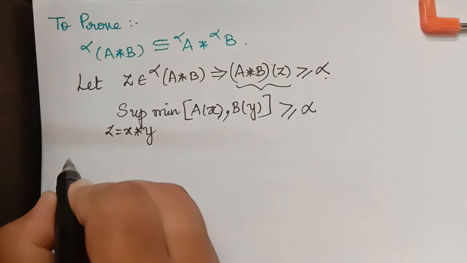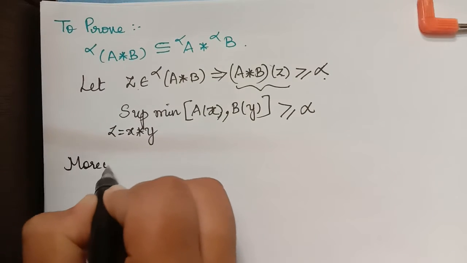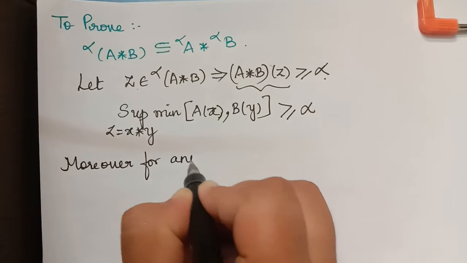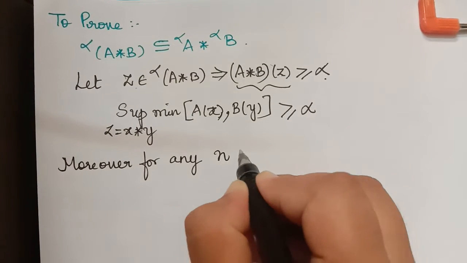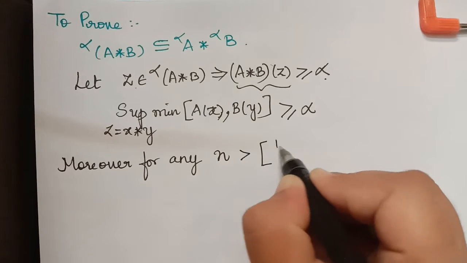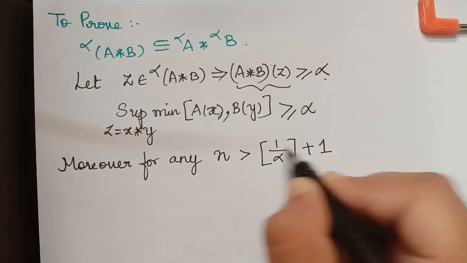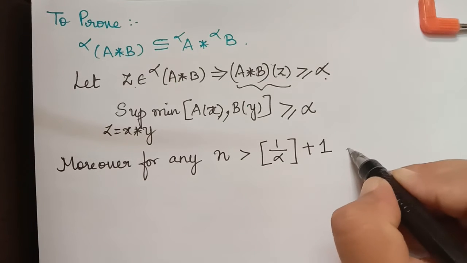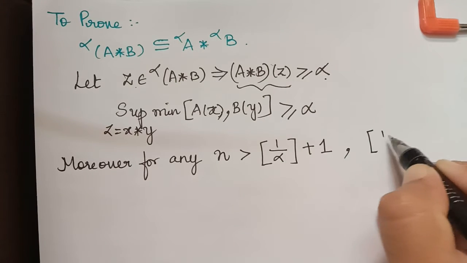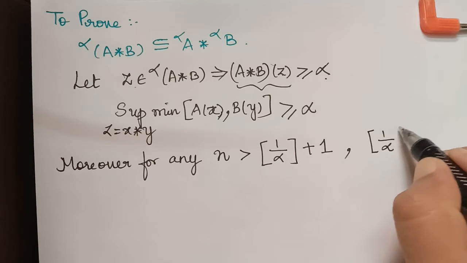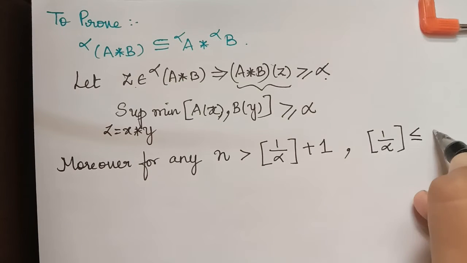So now next, moreover, we can choose any n greater than the integral part of 1 by alpha plus 1. Now what is this integral part of 1 by alpha? It means that it is the largest integer that is less than or equal to 1 by alpha.